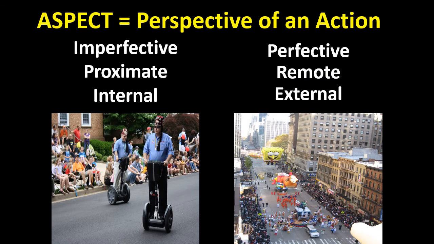Now let me review for a moment again what aspect in particular is, so that there is no confusion about this, because this is something, again, that we normally don't think about as primarily English-speaking students. Aspect, again, is the perspective of an action by the writer or the speaker.